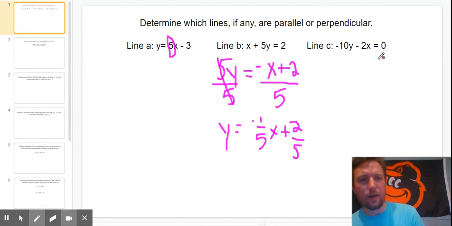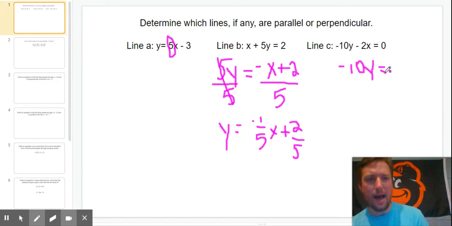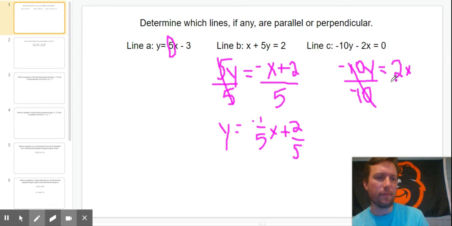Now I need to do the same thing over here because it's not written in the same way. So my first step would be to take negative 10y, and that's going to equal, I'm going to add 2x to each side. So it's just going to be positive 2x, okay? Then I'm going to get rid of my negative 10 the same way by doing the inverse operation.